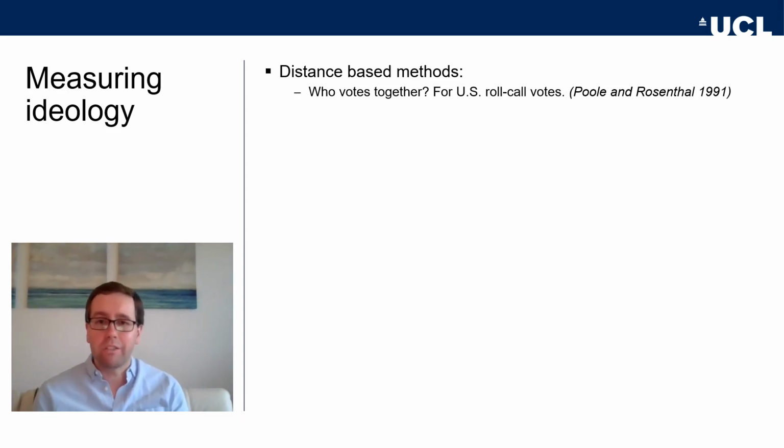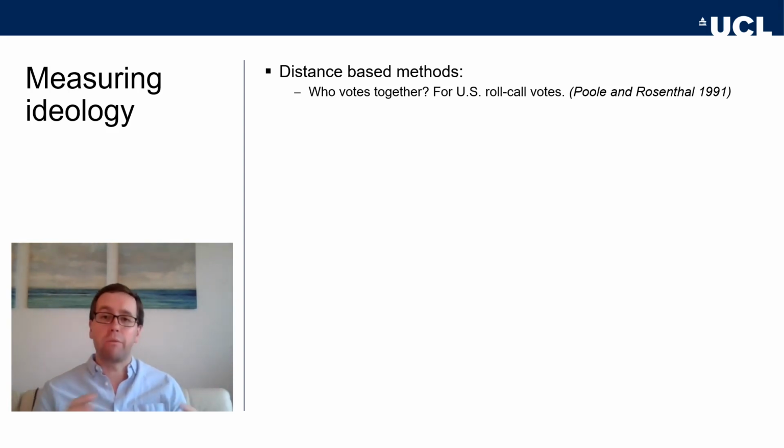There are many bills and many votes in Congress, and as a consequence, people vote together if they share support for a bill, and they vote against it together if they share opposition. But if they are ideologically distinct, they will be on different sides of the vote, of course.